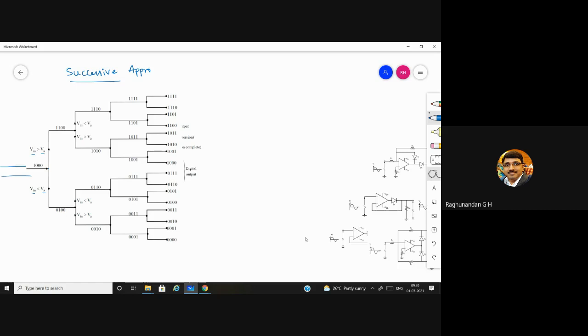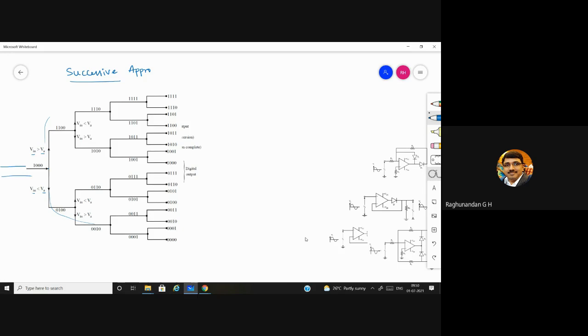Now let us consider 1000 and start comparing. This 1000 is given to the SAR. All this conversion process, whatever we have written, takes place inside the SAR. The SAR keeps converting the values based upon the comparison given by the comparator.